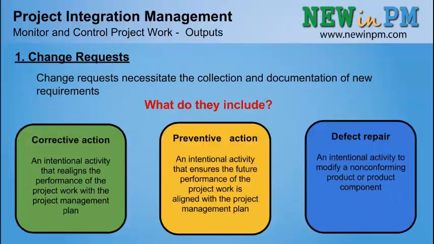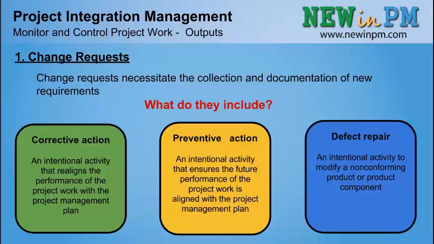So let us discuss the outputs of the monitor and control project work process. The first output is the change request output. Change requests necessitate the collection and documentation of new requirements.